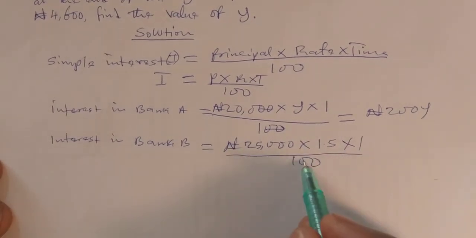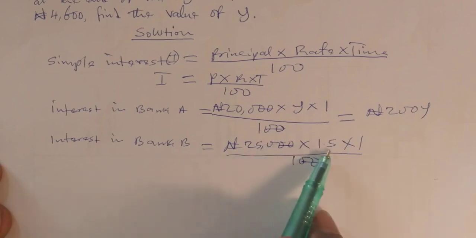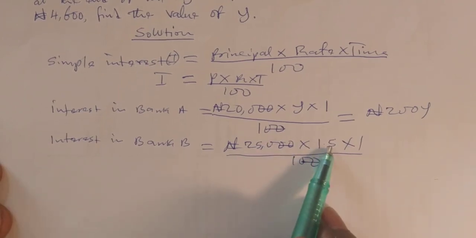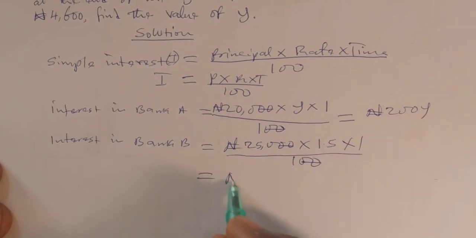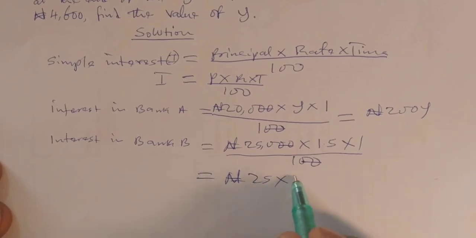You see, two zeros will cancel two zeros here. Now this 0 multiplied, that is 10. 10 times 1.5 will give us 15. So this will give us the same thing as 25 times 15.